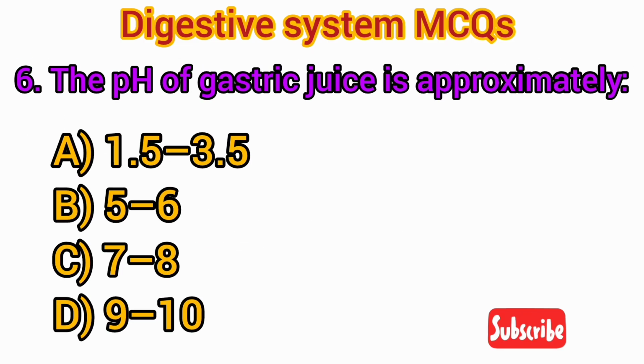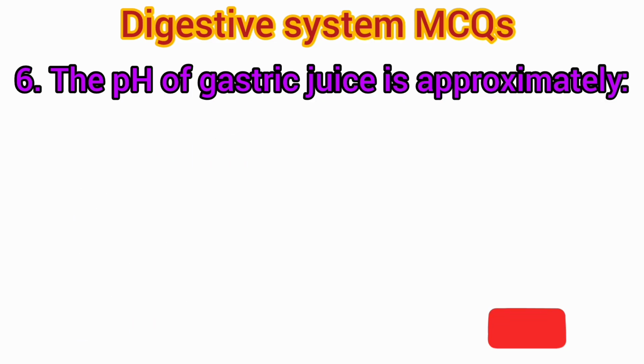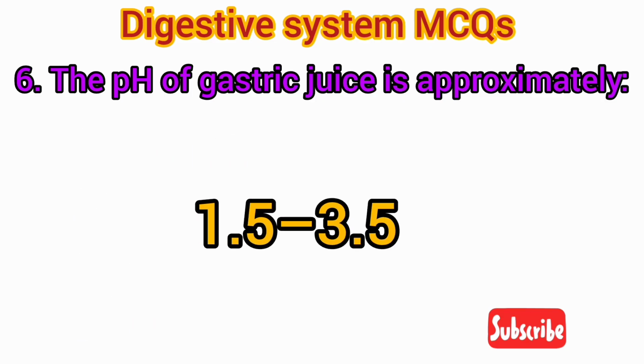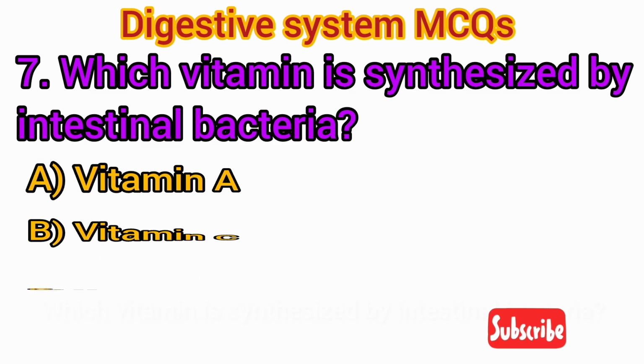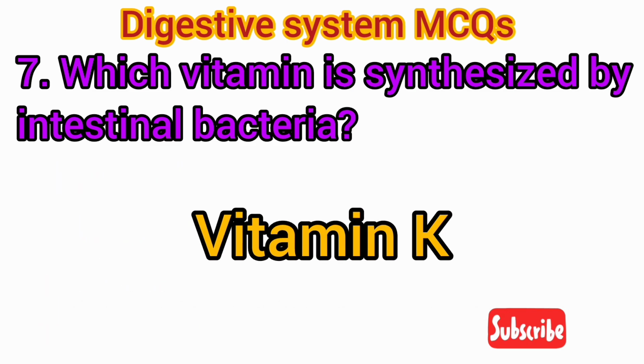The pH of gastric juice is approximately... 1.5 to 3.5. Which vitamin is synthesized by intestinal bacteria? Vitamin K.